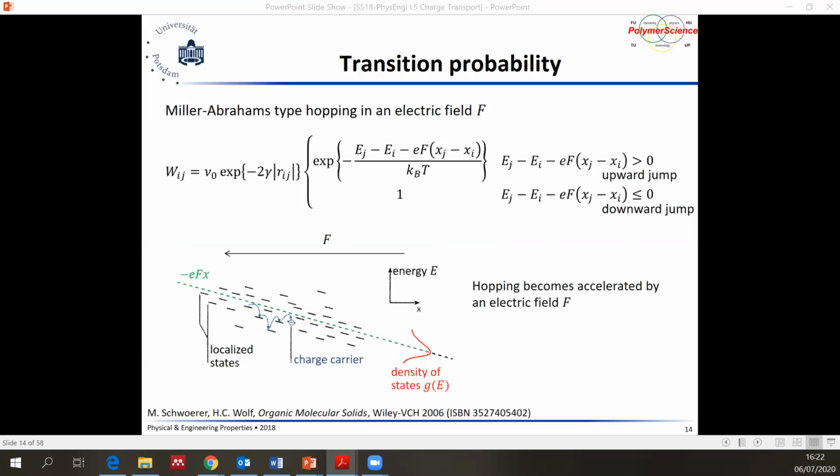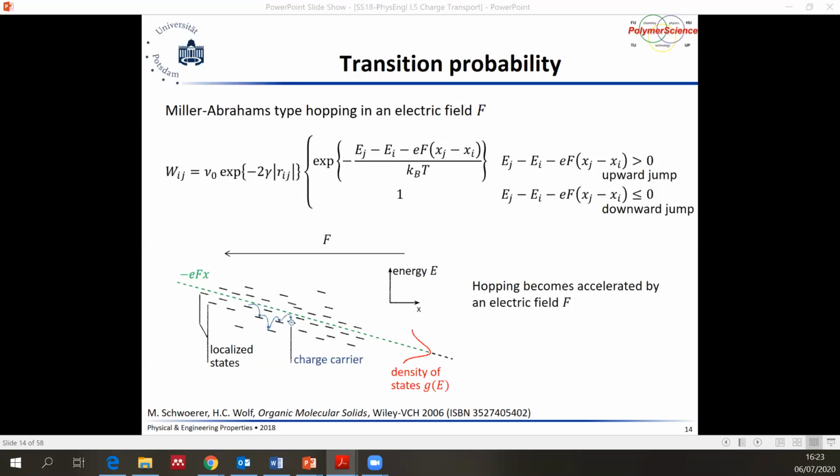So one important thing here is that in this formalism, there is actually a reorganization of molecular structure which has to be taken into account. Every time the charge moves around, the molecular structure has to spend some energy to reorganize itself. You remember the definition of a polaron: it was the charge plus its deformation of the lattice.